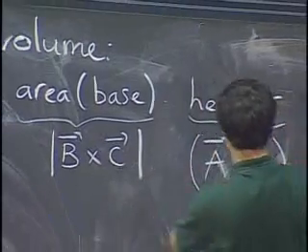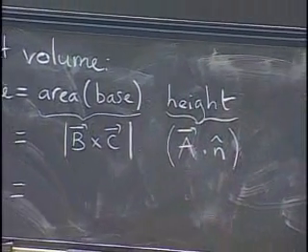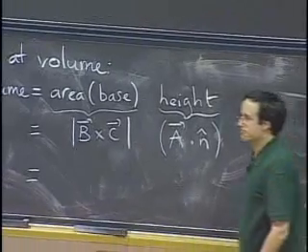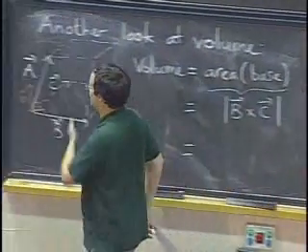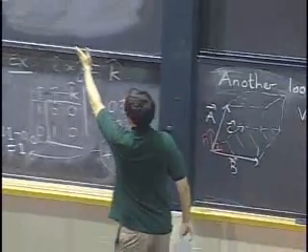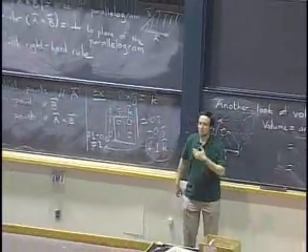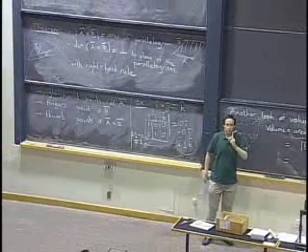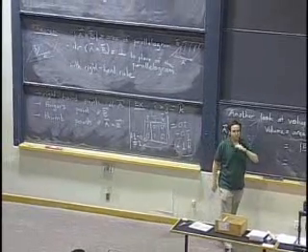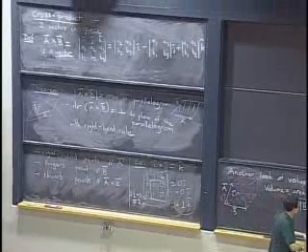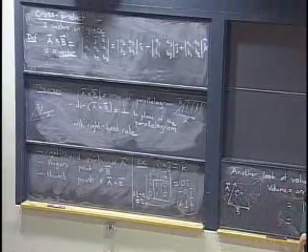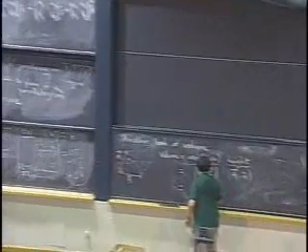So let's think about this vector n. How do I get it? Well, I can get it by actually using cross product as well. Because I said the direction perpendicular to 2 vectors I can get by taking the cross product and looking at that direction. So this is still B cross C length.